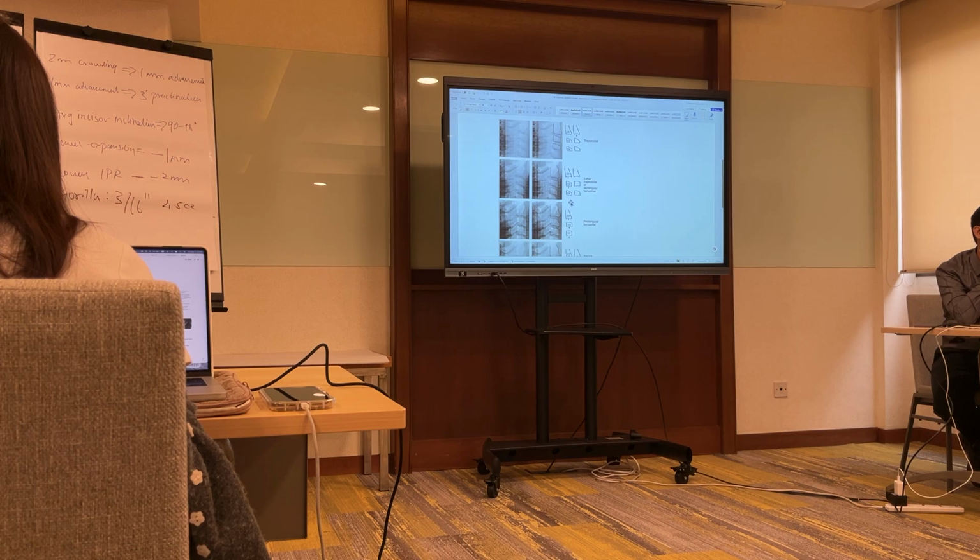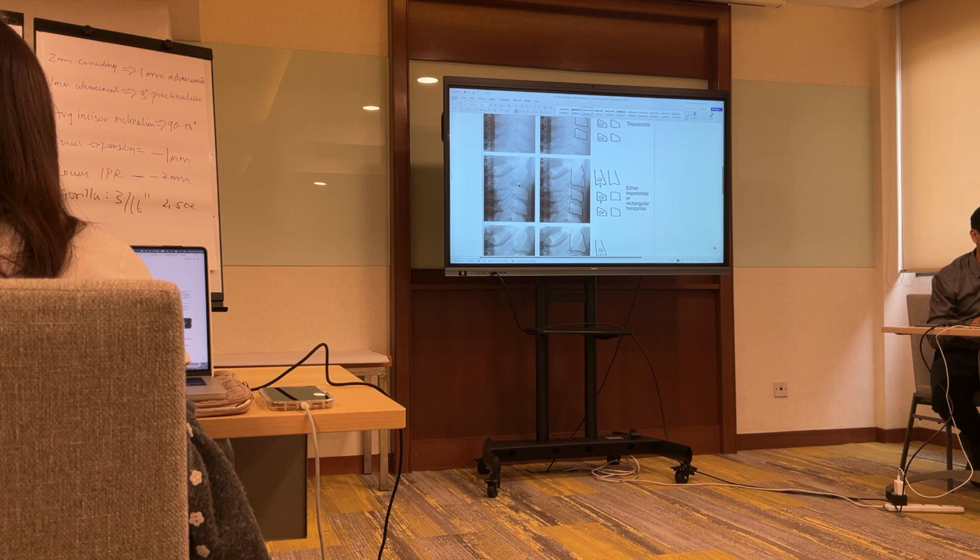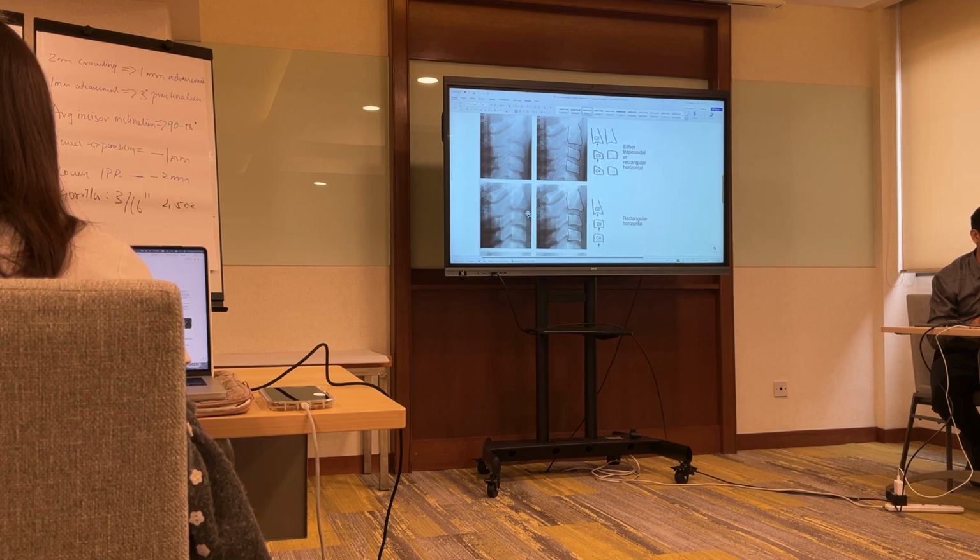Are you clear? On your cephalometric X-ray, you will see this vertebrae. Like this, you see the picture on the left. If you see this picture, you will see that you have a curve here, no curve here, no curve here. It is stage 1. You have curve here, but no curve here. Stage 2. Curve, curve, curve. Stage 3. Okay? Now, in stage 3, these vertebrae look like they are rectangles, isn't it?